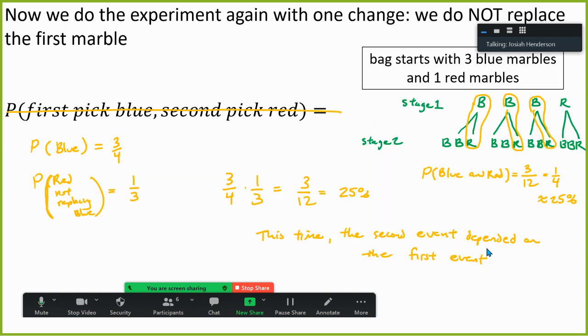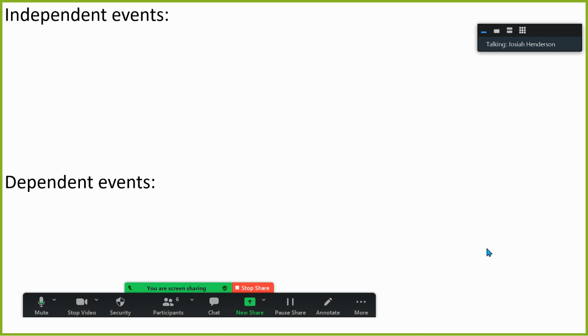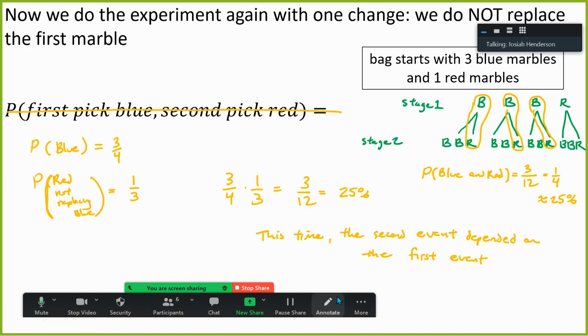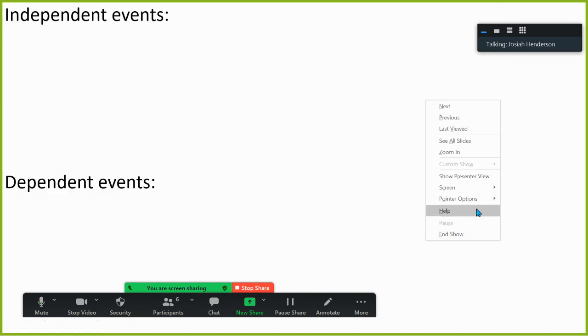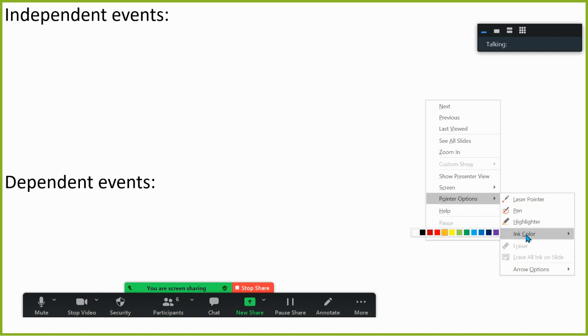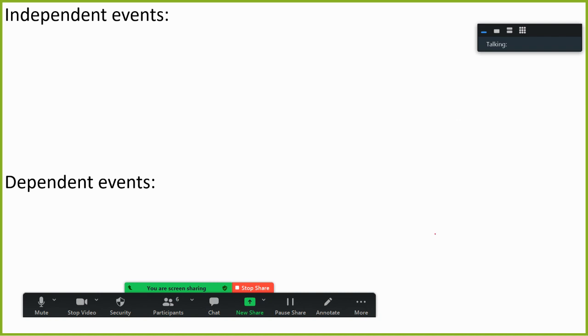When we don't replace the first marble, the second one does depend. So this is an example of two dependent events. One depended on the other. So let's put all this together: independent events versus dependent events. Here we go.